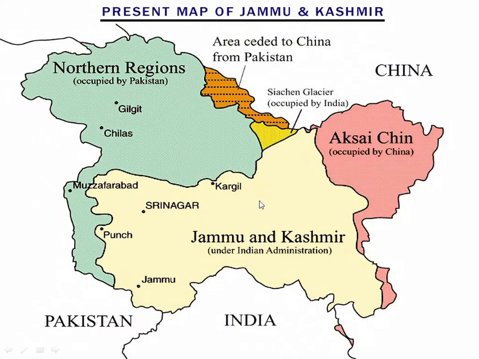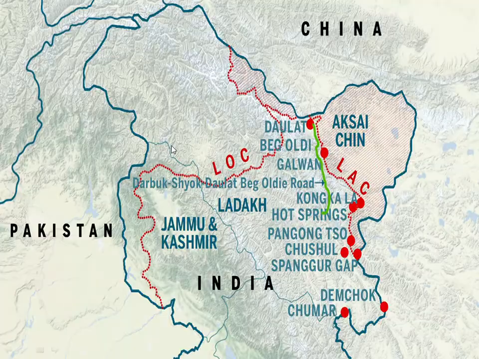Even though we have this map, some part of our India is under the control of Pakistan, and some part is under the control of China. Even though we can call it India, these regions are not under the control of the Indian army. Basically this is Jammu and Kashmir.